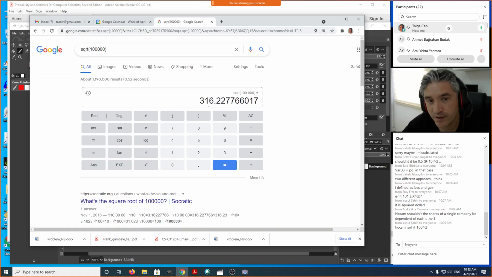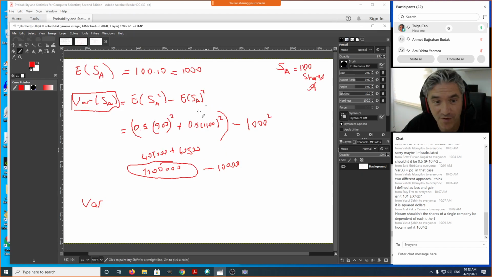So your standard deviation is going to be $316. So what we found here is that if you buy 100 shares of this, so if you have spent $1,000, your standard deviation is going to be around 316.